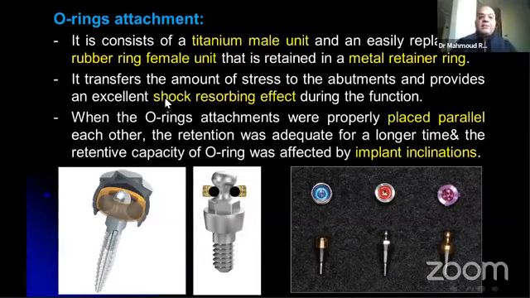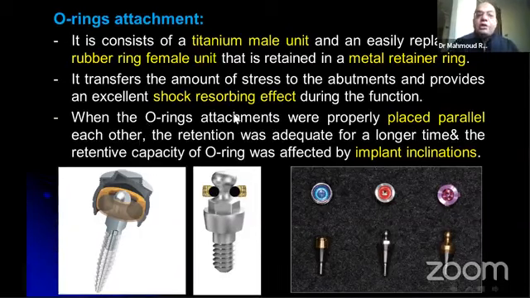It transfers the amount of stress to the abutment. We can have this type of attachment in a single piece with the implant. The ball and the implant is a single piece here, and we can have it as a two-piece form. The ball attachment here is the abutment, and we can screw it inside the implant fixture, inside the patient mouth.